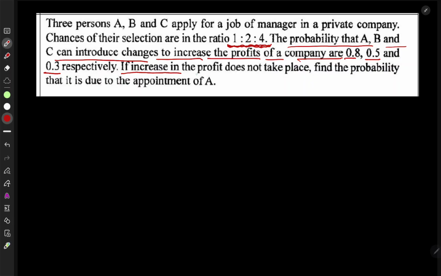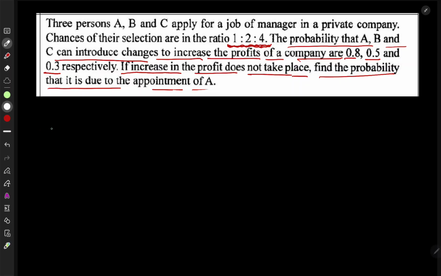If increase in the profit does not take place, meaning anyone was hired but there is no profit in the company, find the probability that it is due to appointment of A. First of all you need to find total probability, then see through the path probability, that is, if A was selected, what is the contribution of A. That is called Bayes theorem, reverse asking. First the selection happened and no profit also happened, now it is due to A. So we are going reverse, meaning Bayes theorem.